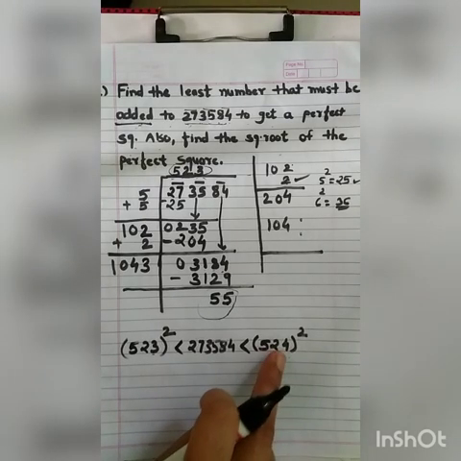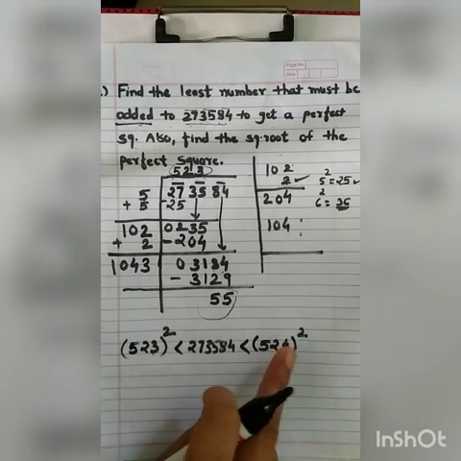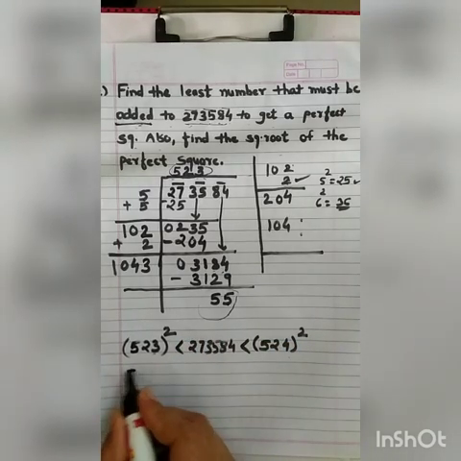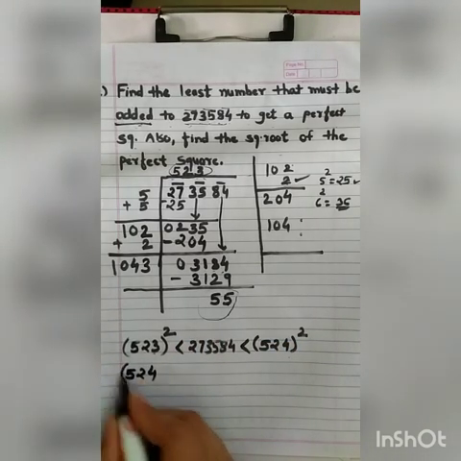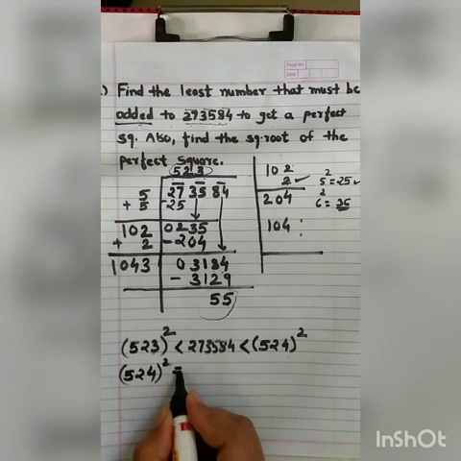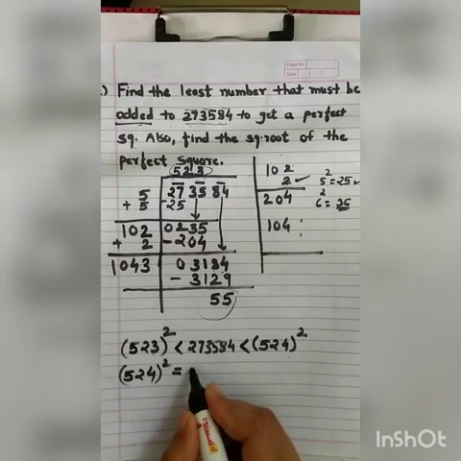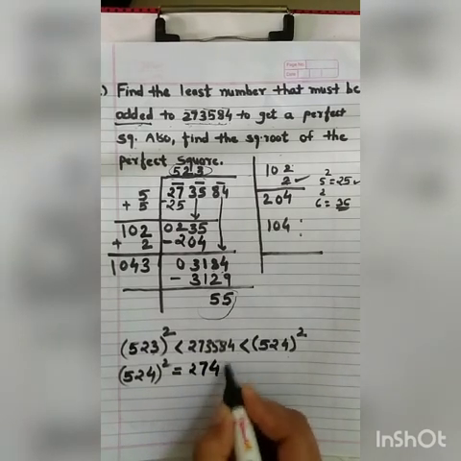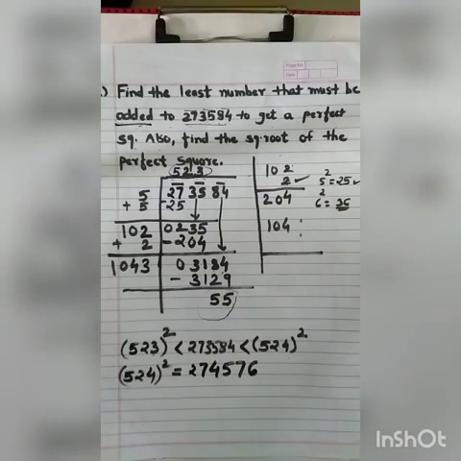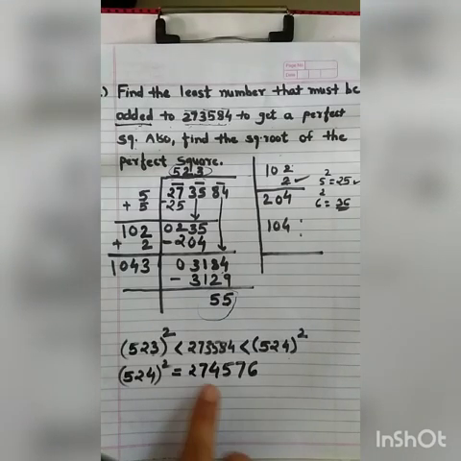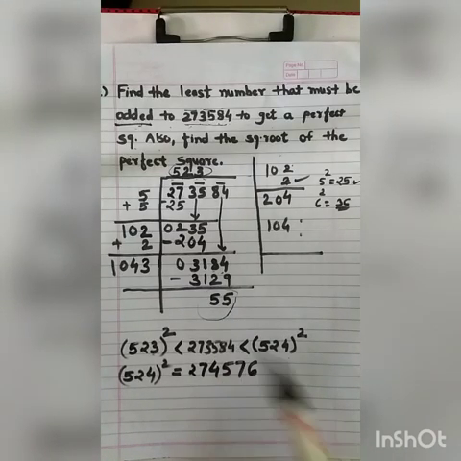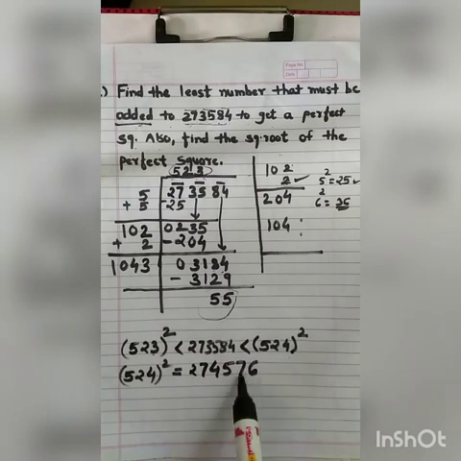So first we will find the square of 524. What is the square of 524? Square of 524 is 274576. So whatever the difference of your number and the square of 524 is, that number we have to add.